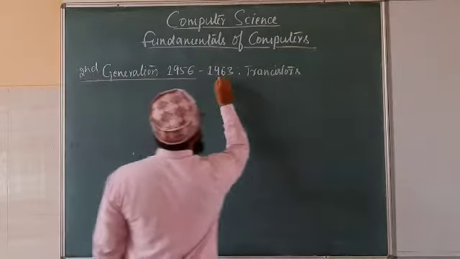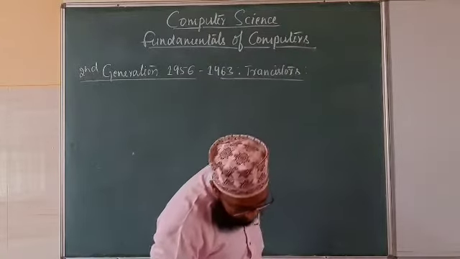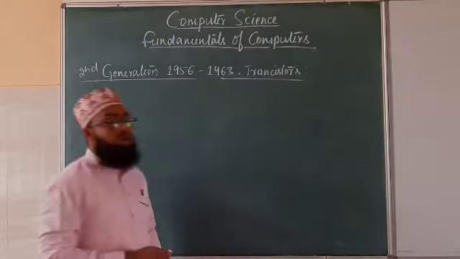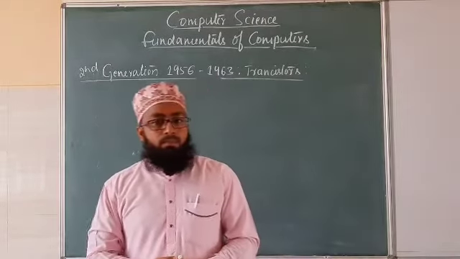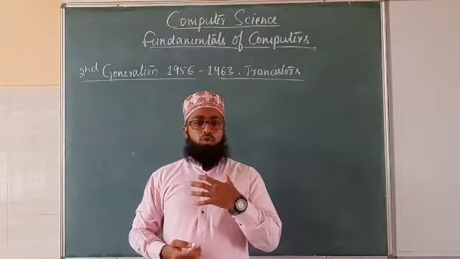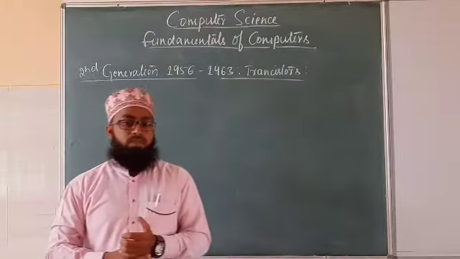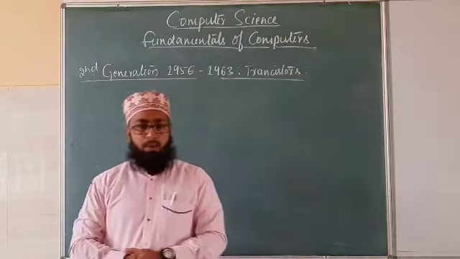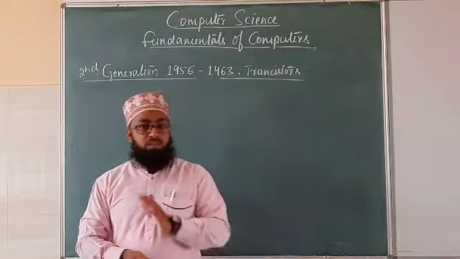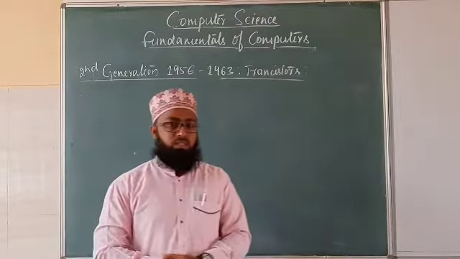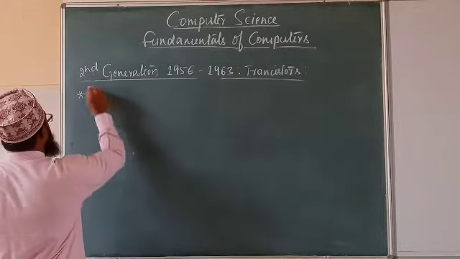In the first generation, the most commonly used device was the vacuum tube. But here in the second generation, the commonly used device in place of vacuum tubes is the transistor.